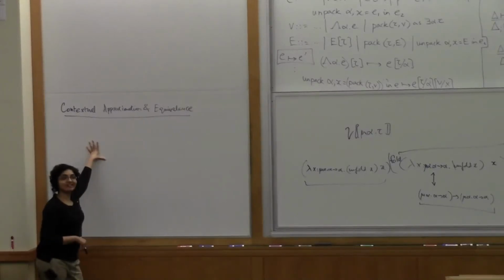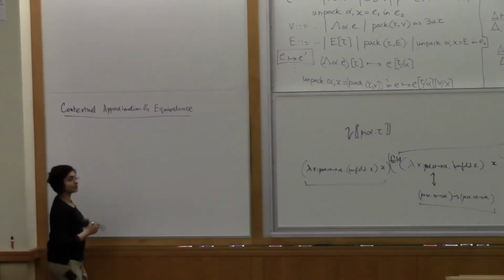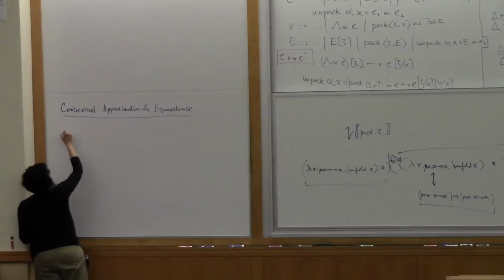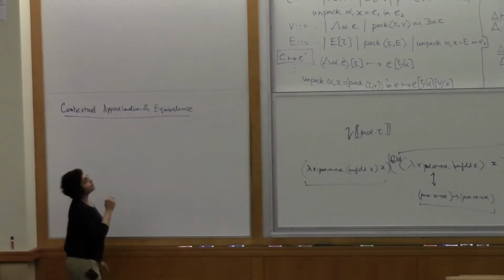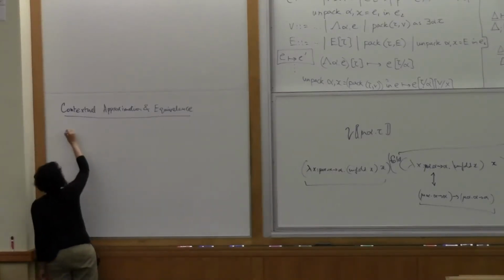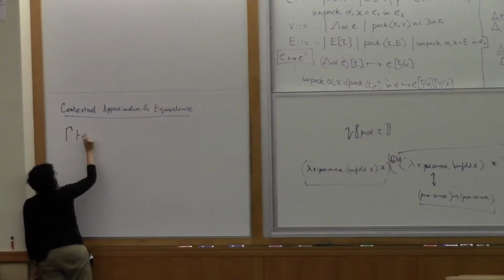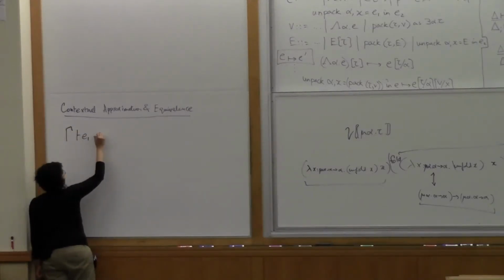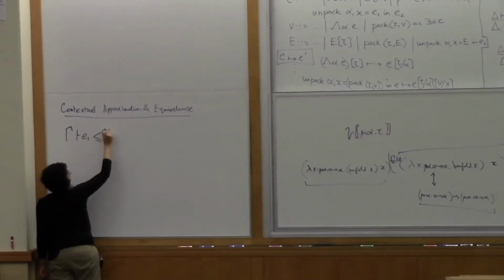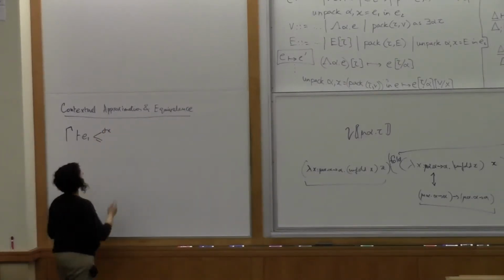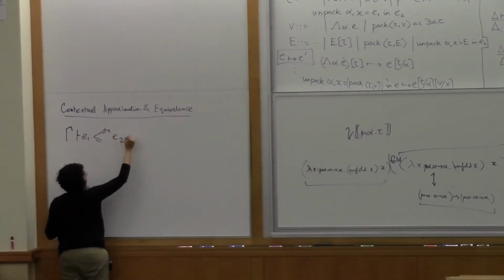So let's go back to contextual approximation and equivalence. So here's what I want to do. Oh, by the way, we have polymorphism in our language now. Yesterday I was just doing contextual equivalence. Today I want to split it up into two phases and first define a notion of contextual approximation.